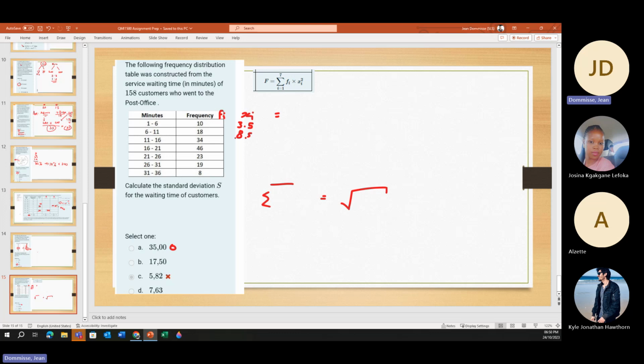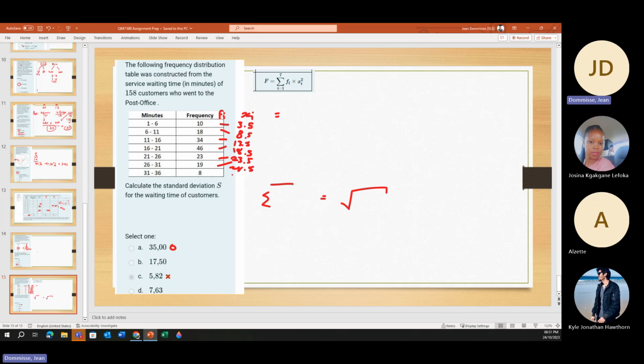So if the next one is 13.5, I'm just going to add 11 plus 16 divided by 2, 13.5. Okay, so that goes there. So that will be 18.5, plus 5 is 23.5, plus 5 is 28.5.